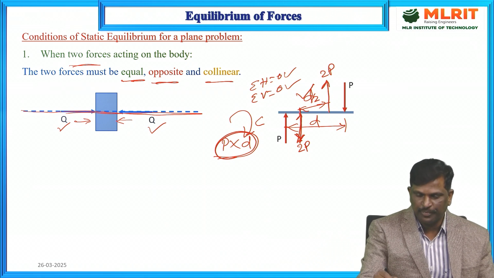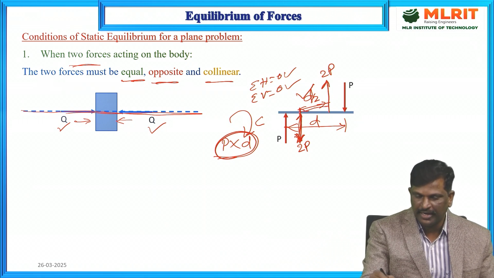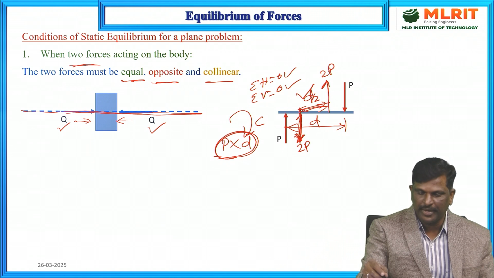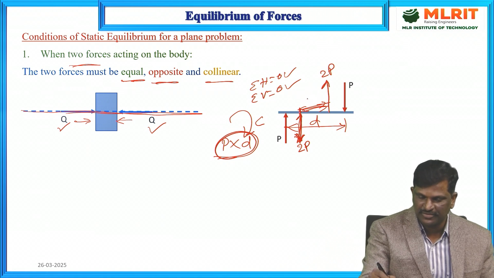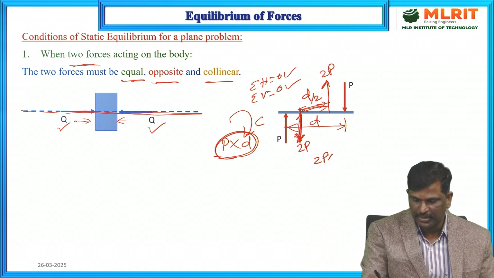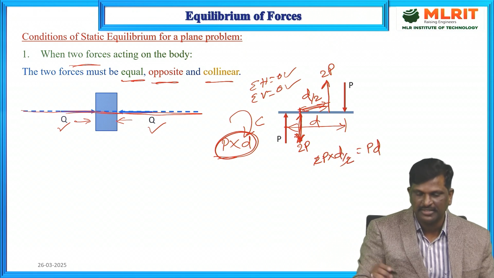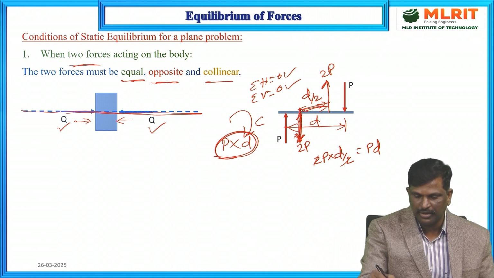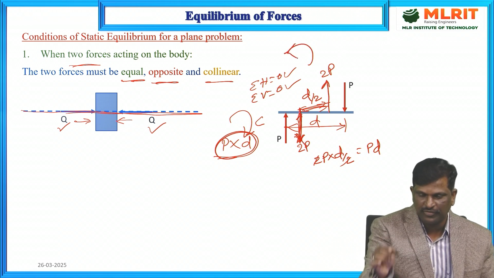The distance between the two parallel forces is D by 2, and these two forces form another couple, which is equal to 2P into D by 2, that is PD. And what is the nature of this couple? This couple is in the anti-clockwise direction.